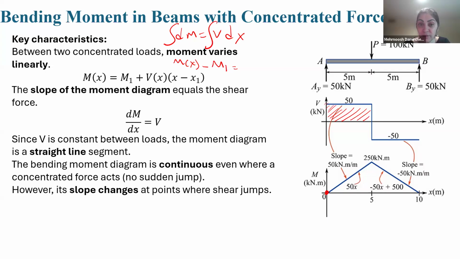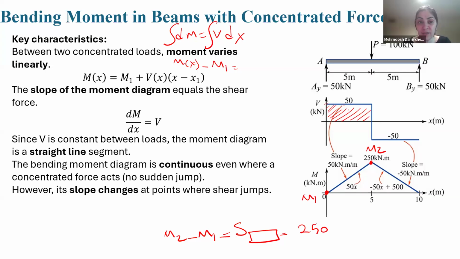So M here is 0. M at this point is M2, this is M1. So M2 minus M1 is the area of this rectangle. How much? 50 times 5 is 250. 0 plus 250 is 250.